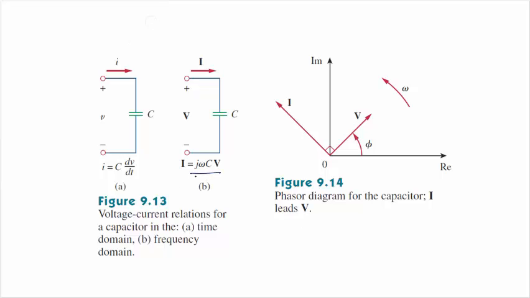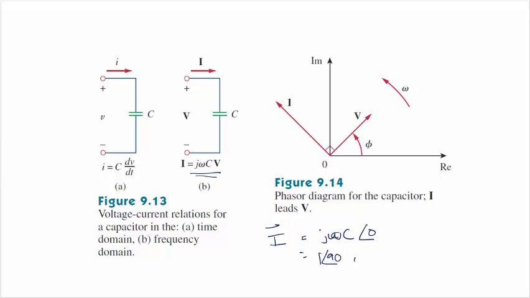So in a capacitor, we have this relationship here. If I put V at 0 degrees, then I would equal j omega C times V, and by virtue of this j, it is like putting something at 90 degrees.